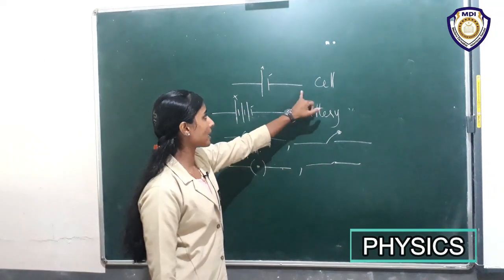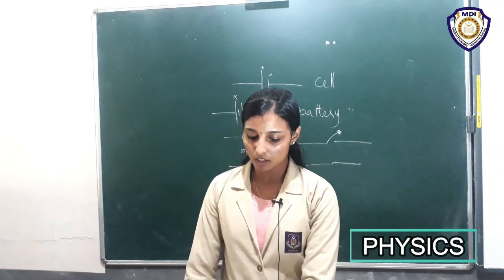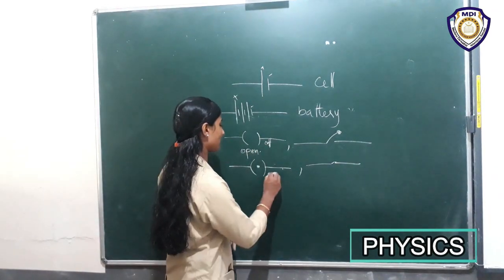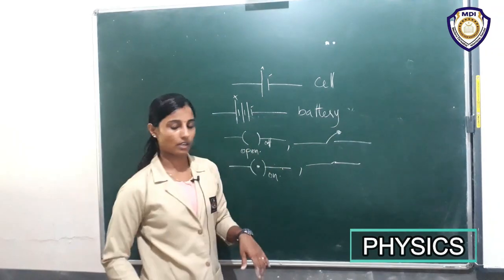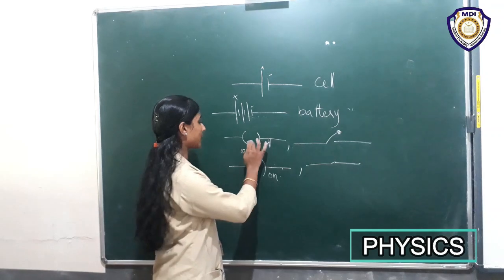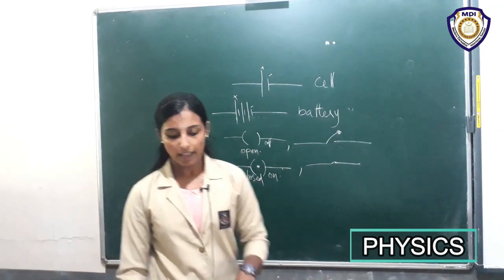So this is the plug in the on position and this is the off position, right? That is the closed key and the open key. And what is next?